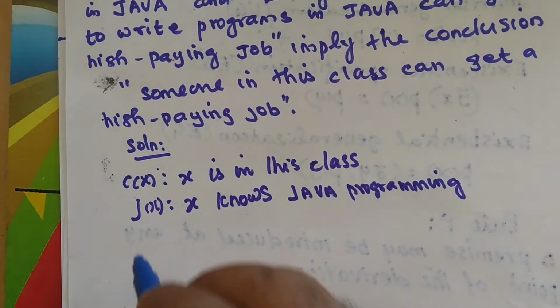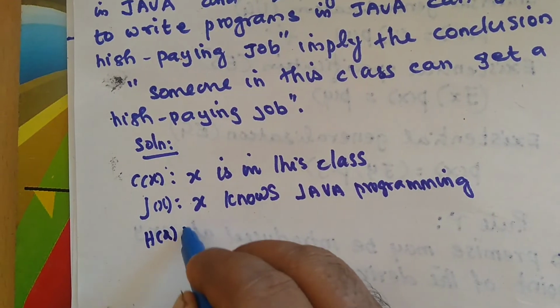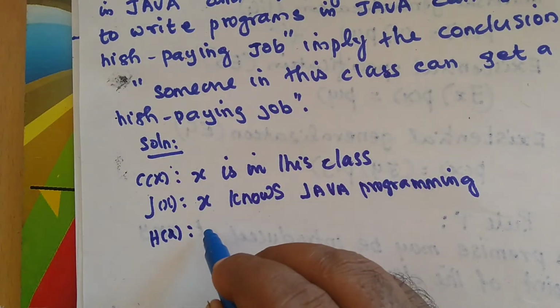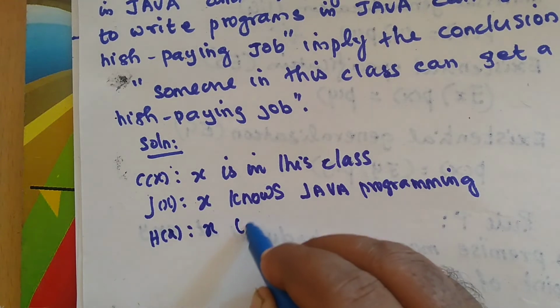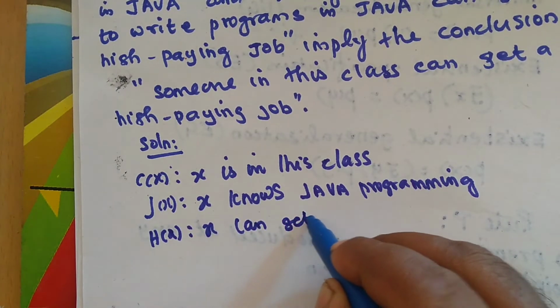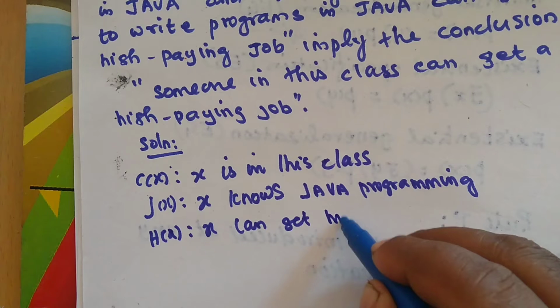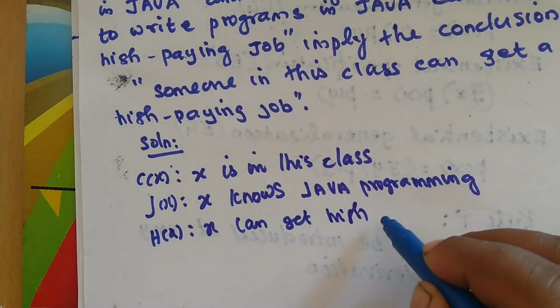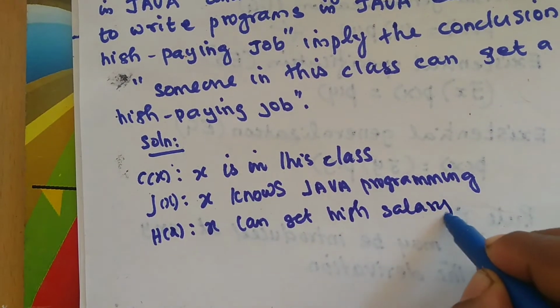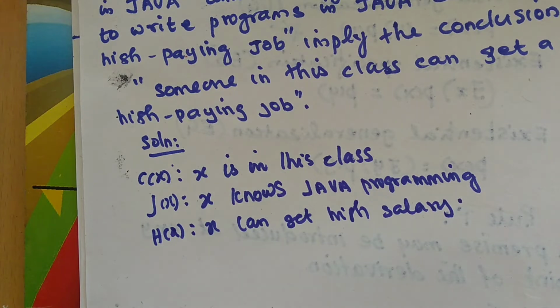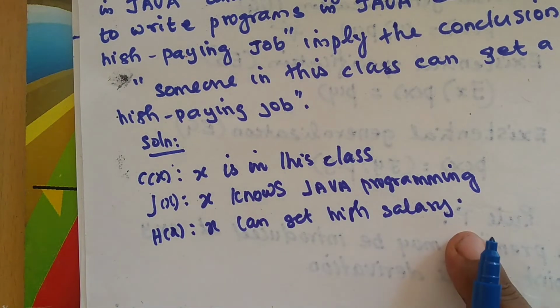Next one, high salary, that is h of x. So h of x, that is x can get high salary. So this we assumed.